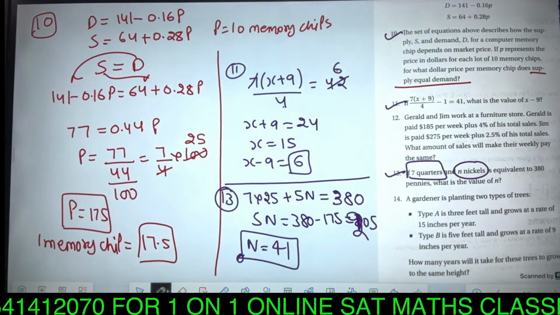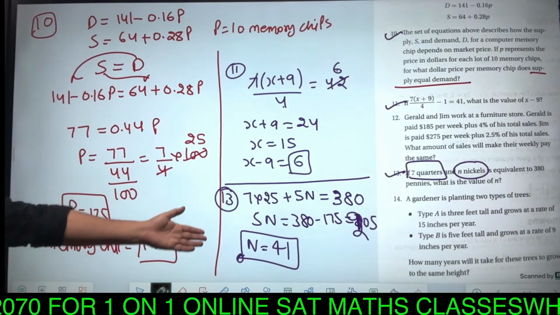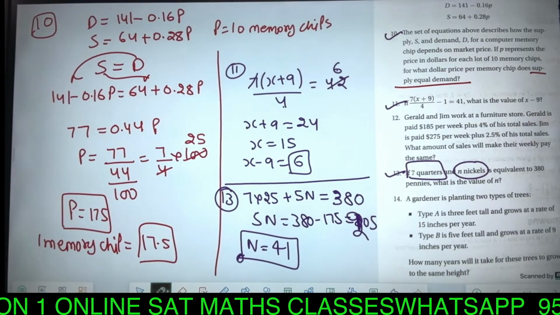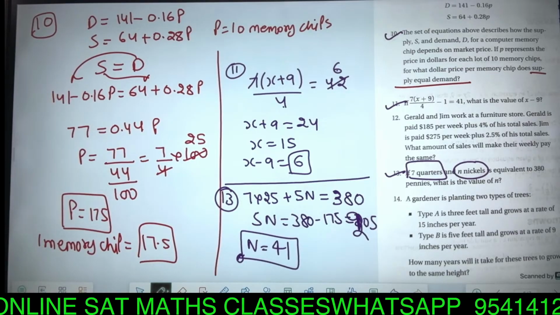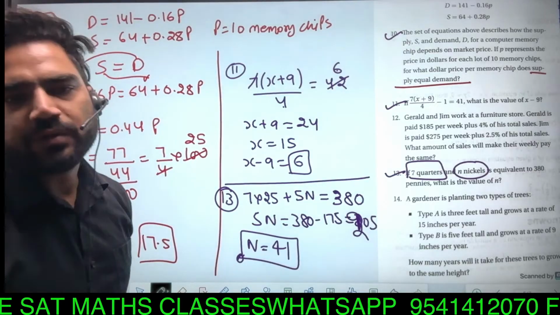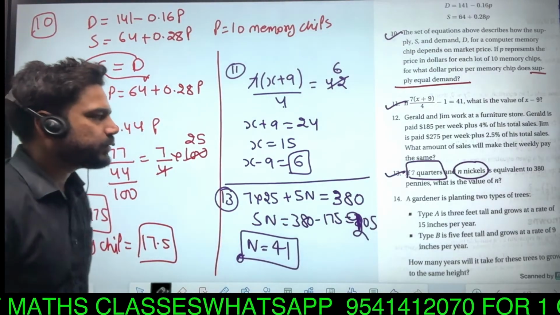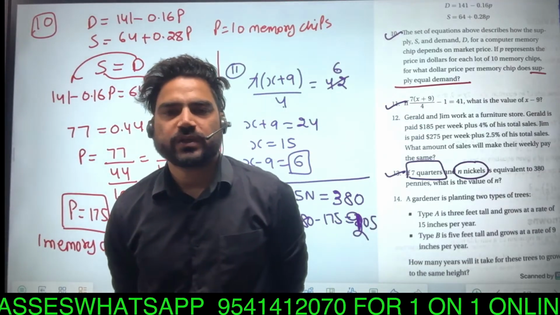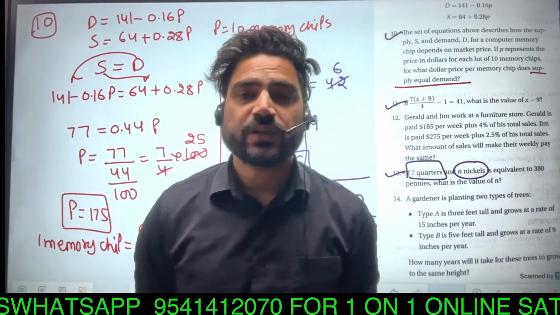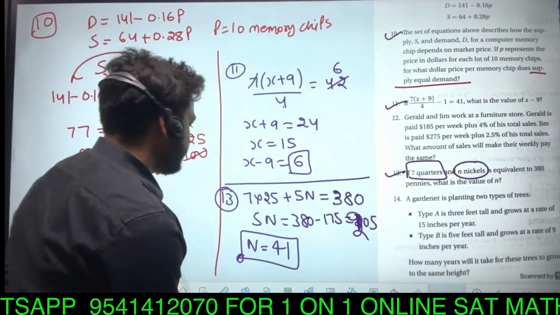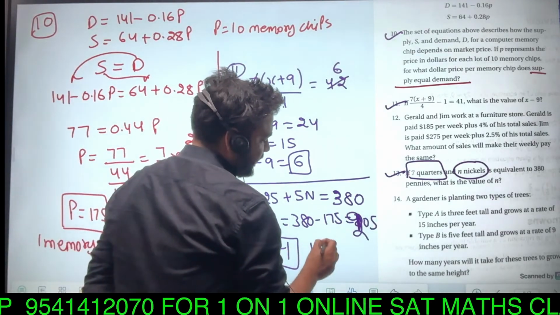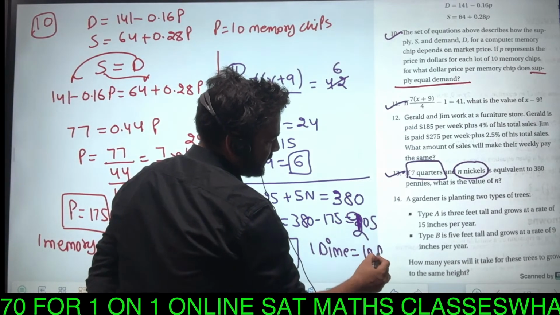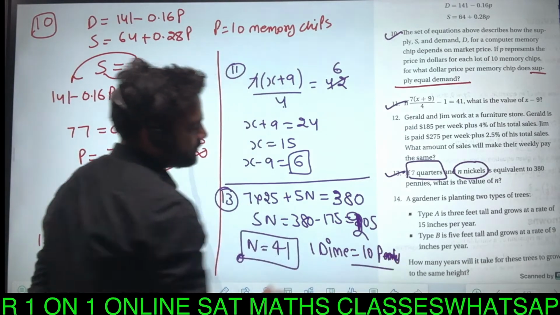So you have to understand this relation: in 1 quarter we have 25 pennies, in 1 nickel we have 5 pennies, and in 1 dime we have 10 pennies. So we can solve this question.